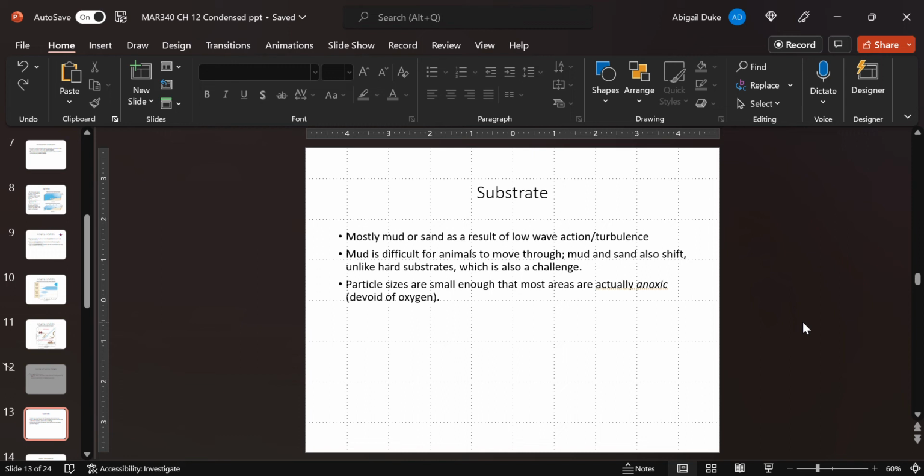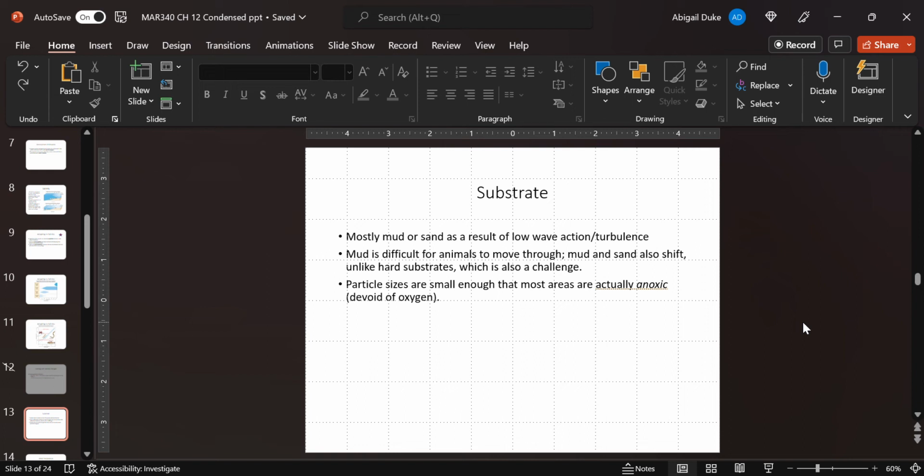But for this, the substrate is mostly mud or sand as a result of low wave action. Which remember, mud is a mixture of that silt and clay. So that's what's on the bottom. Because there's low wave action or turbulence in these estuaries, it's not going to be very gravelly. So it's mostly just mud or sand. Mud is difficult for animals to move through. Mud and sand also shift, unlike hard substrates, which is also a challenge.